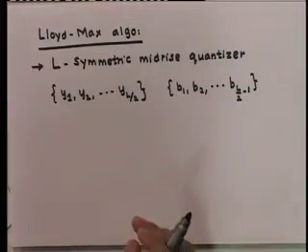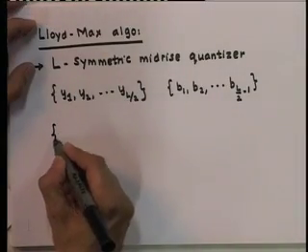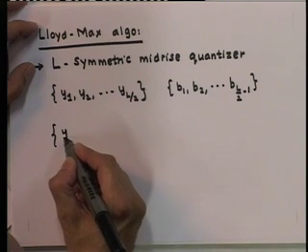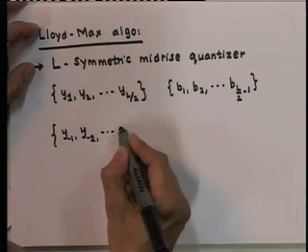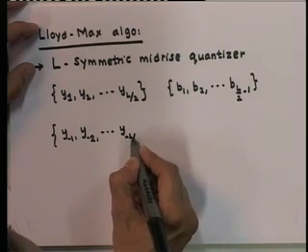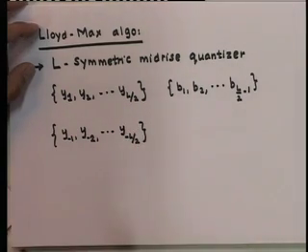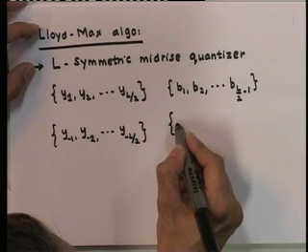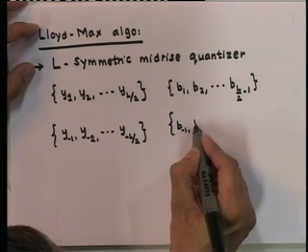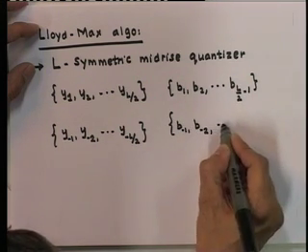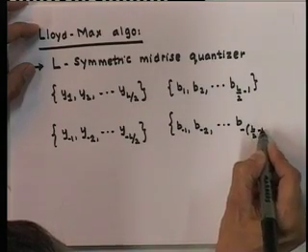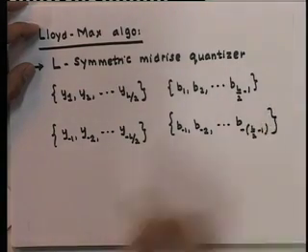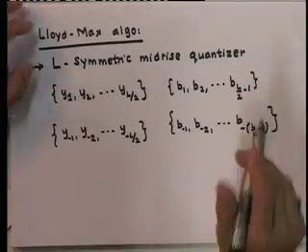The reconstruction levels y minus 1, y minus 2 up to y minus L by 2, and the decision boundaries b minus 1, b minus 2 up to b minus L by 2 minus 1 are obtained via symmetry.